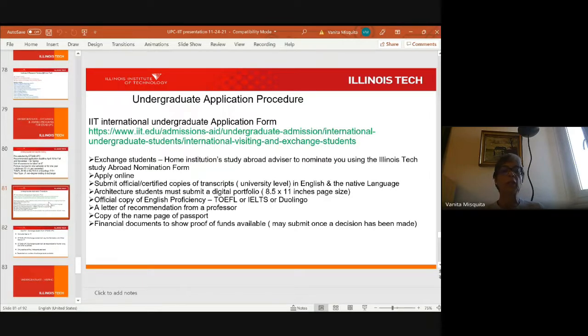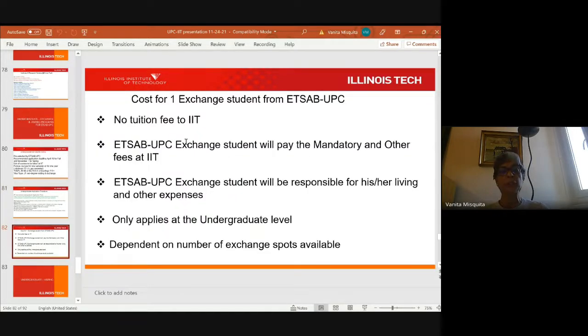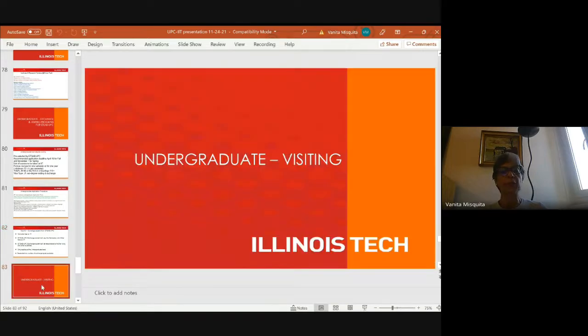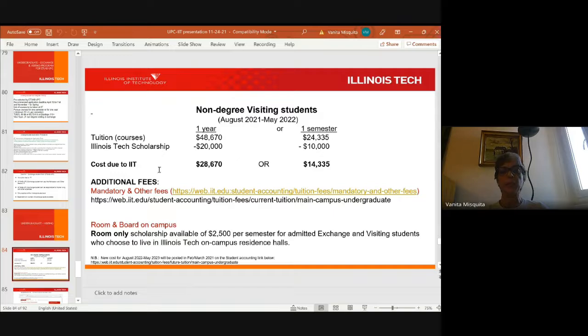Exchange students, we would accept 1 student for 1 year or 2 students per semester. Exchange students will not pay any tuition fee, but they will have to pay the mandatory and other fees. Visiting students will have to pay the discounted tuition fee, and I provided you with the cost for the semester. If you qualify for admission, you would pay $14,000 for 1 semester.